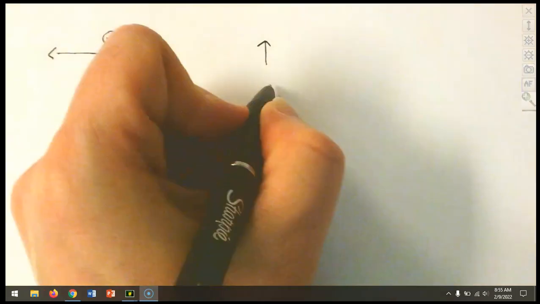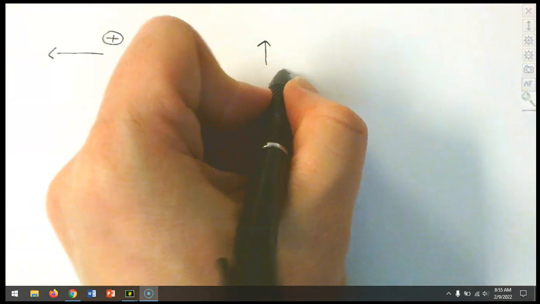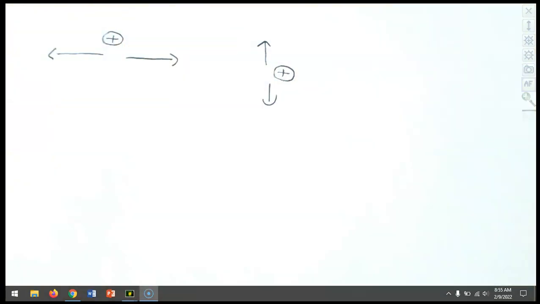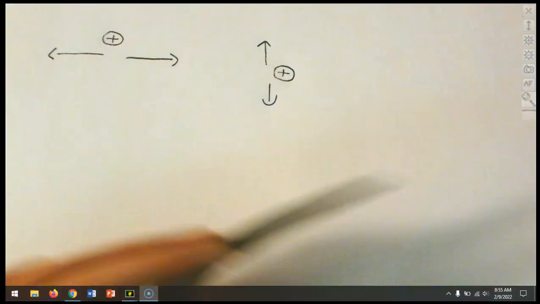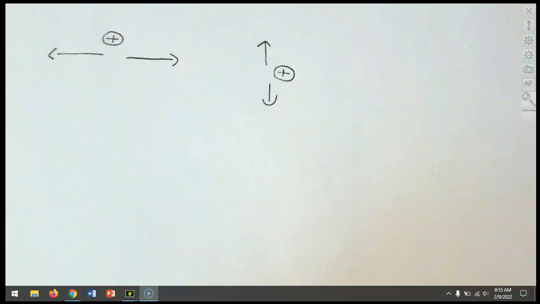If I've got two cars going in the opposite direction, like this, they add together. If they're going north and south, they add together. Okay, so anytime they go in opposite directions, they add together. So when we draw our diagrams, if they're going in opposite directions, they add.